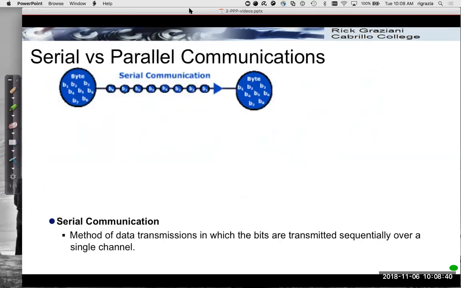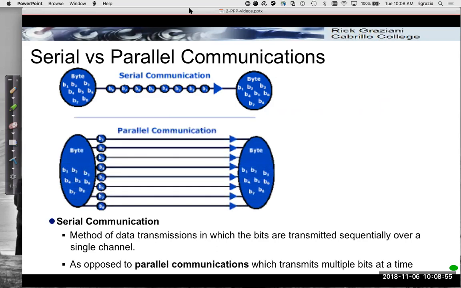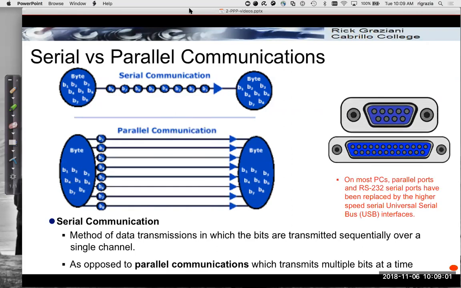Okay, so a little bit on serial communications, which is used by our serial links, which is a method of data transmission in which the bits are transmitted sequentially, so one after the other, as opposed to parallel communications, which transmits multiple bits at a time. In a lot of older PCs, we used to have RS-232 serial ports, and we also had parallel ports.